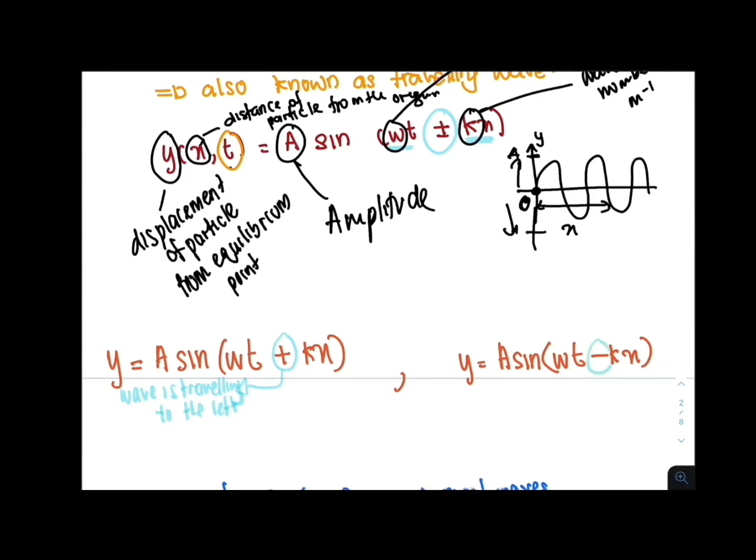Kalaulah dia adalah minus pula, what does this minus indicate here adalah the wave is travelling to the right. Okay. So plus minus dekat sini tengah indicate the direction of wave travelling ataupun the direction of wave propagates. Positif maksudnya ke kiri, negatif maksudnya ke kanan.